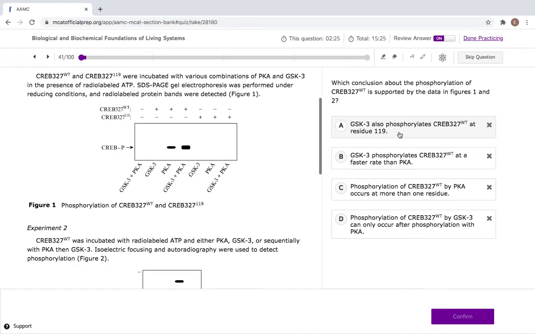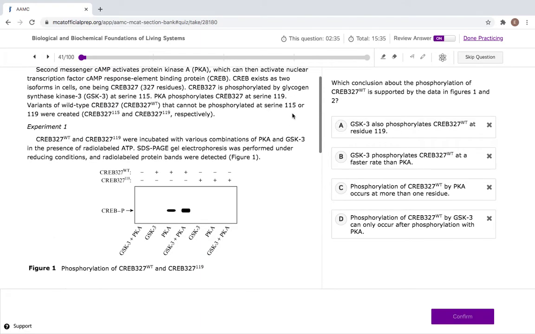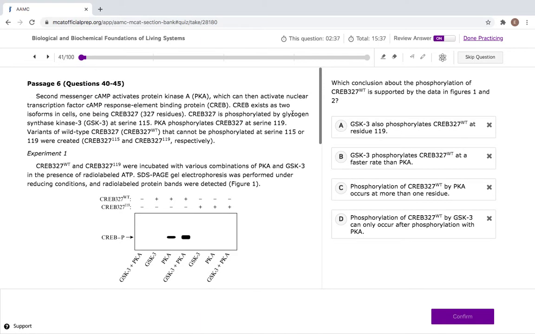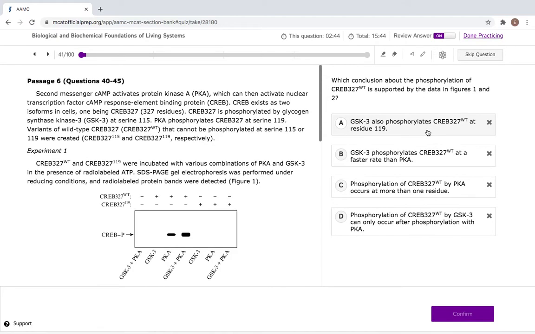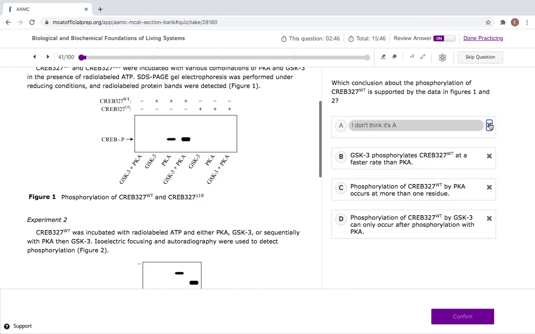GSK3 also phosphorylates CREB 327 wild type at residue 119. This is not, no. First of all, they told us that GSK phosphorylates at 115. So this is not supported at all. This is no. GSK3 phosphorylates CREB 327 wild type at a faster rate than PKA.